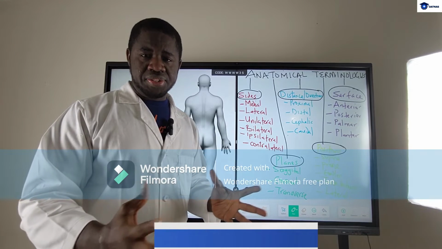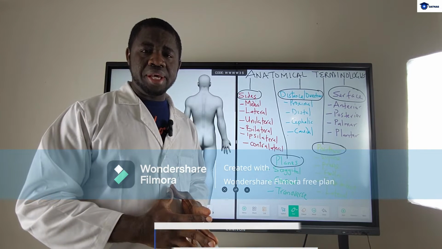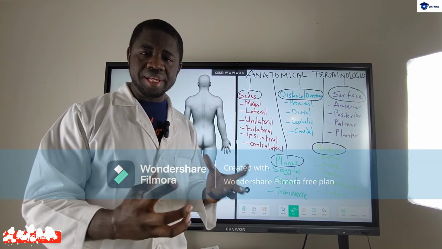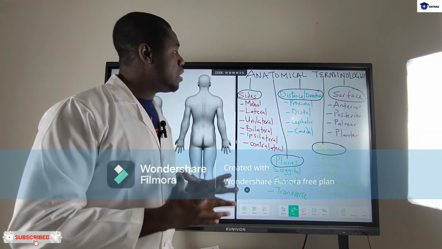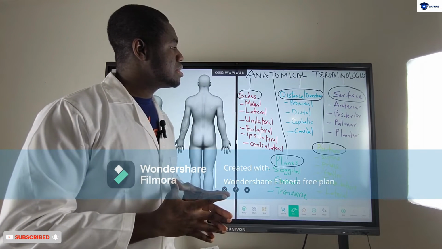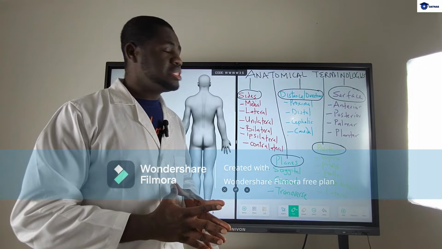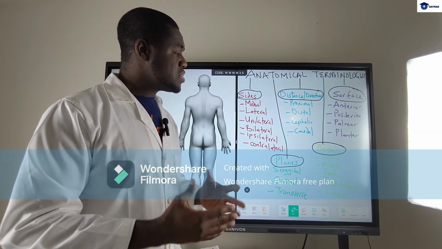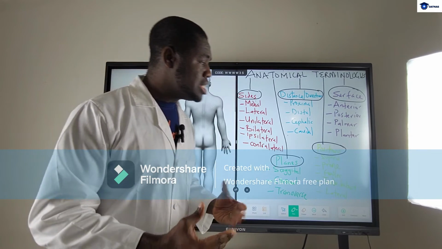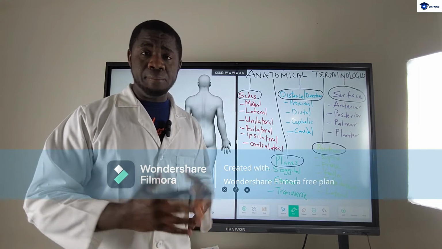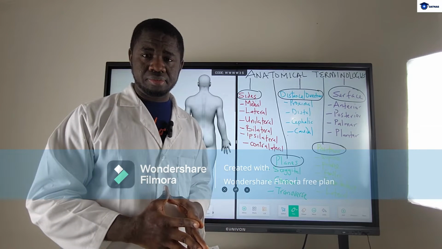These terminologies can be explained in terms of size, distance or direction, surface, planes, and body positions.